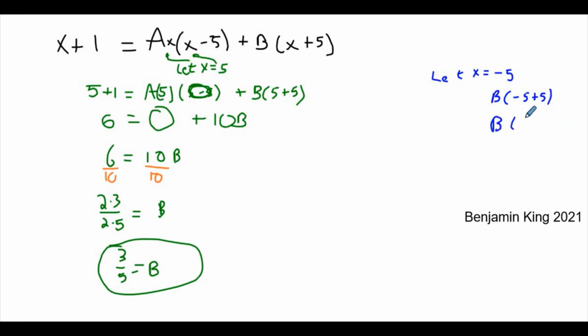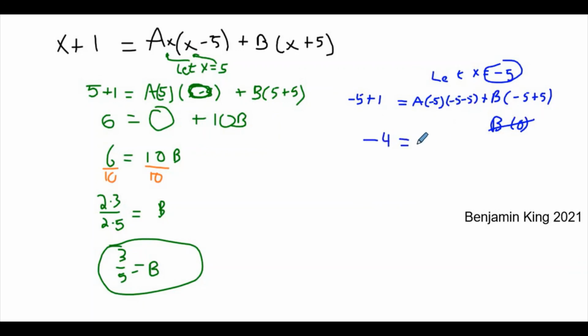B times 0, gone. But if I put negative 5 into here, I would have a times negative 5 times negative 5 minus 5. So I'm going to have to do a little algebra there, but it's just combining like terms. And then over here, I would have negative 5 plus 1. So negative 5 plus 1 is negative 4.